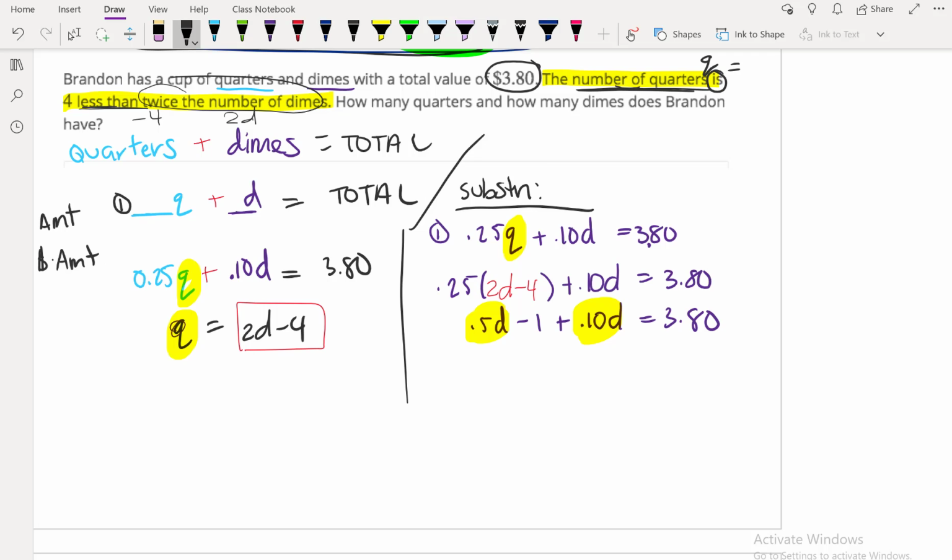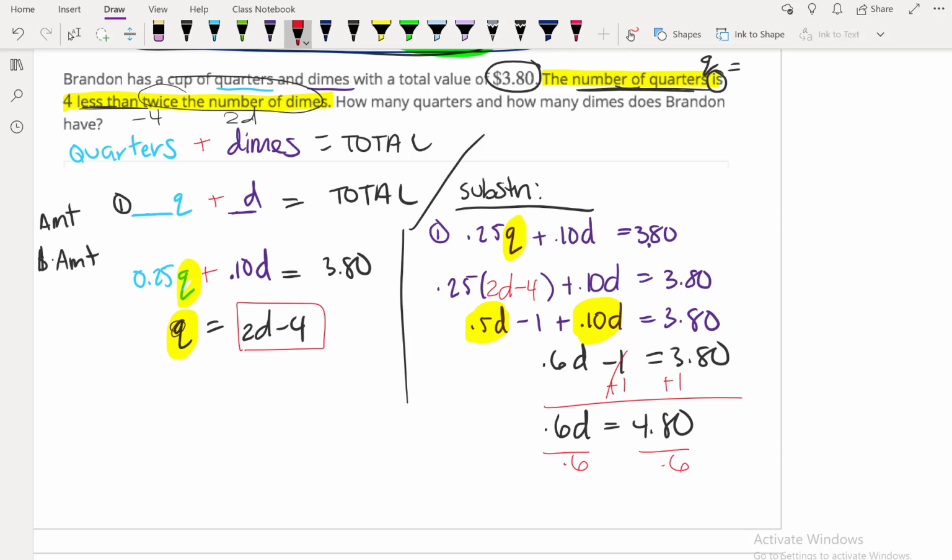And that's going to give me a 0.60D minus 1 is equal to $3.80. So I'm going to go ahead and add 1 to both sides. So that 0.6D is equal to $4.80. So now divide by 0.6 on both sides. So that $4.80 divided by 0.6 is going to give me 8.